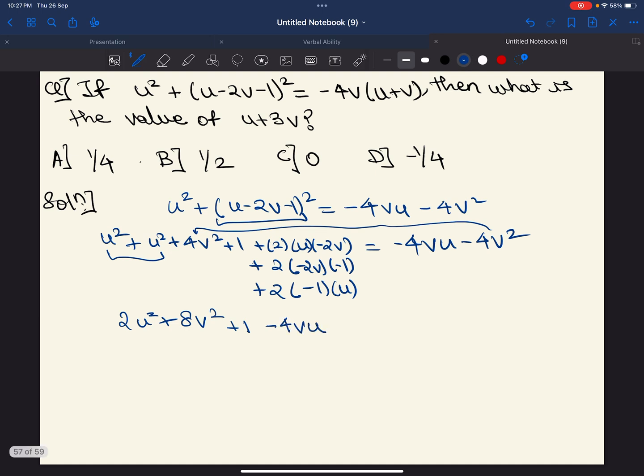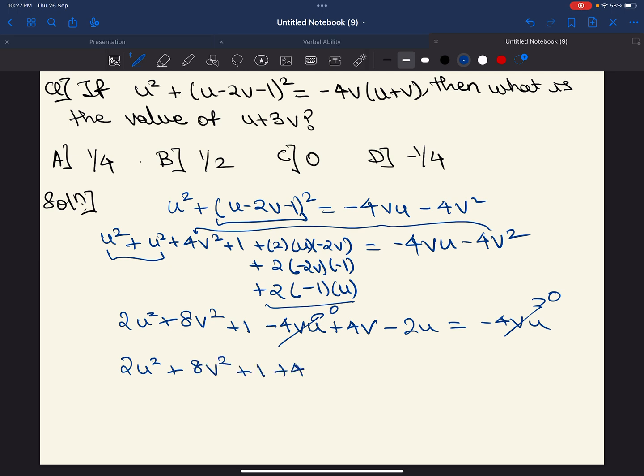This becomes plus 4v and this becomes minus 2u is equal to minus 4vu. This 4vu goes and we have a final equation which has terms of 2u square plus 8v square plus 1 plus 4v minus 2u equal to 0.